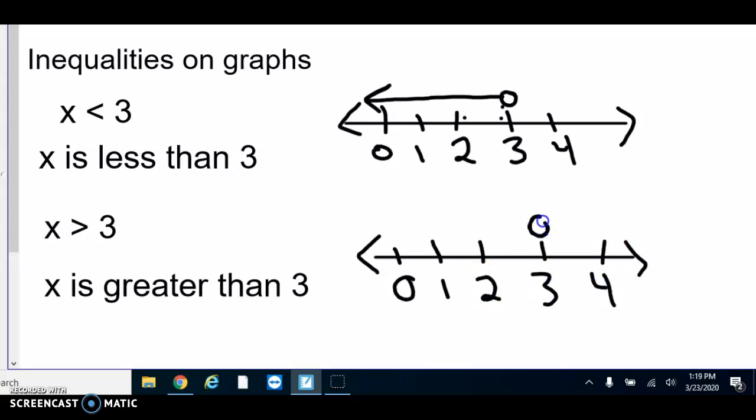Still an open dot, and now we want all the numbers greater than 3: 3.1, 3.2, 4, 5, a million, etc. So less than and greater than both have an open dot.